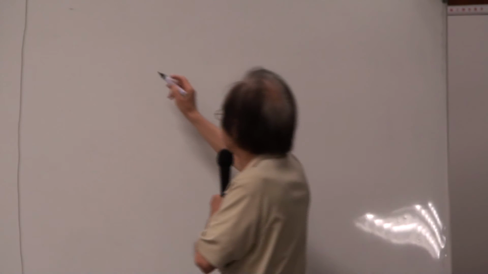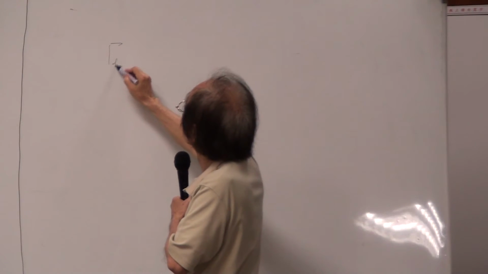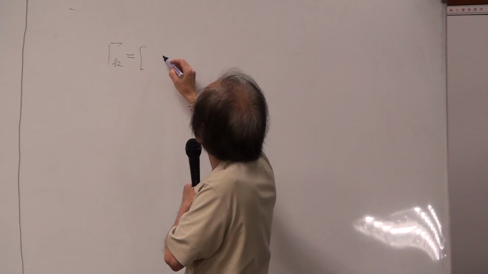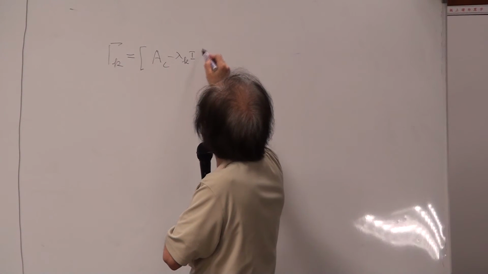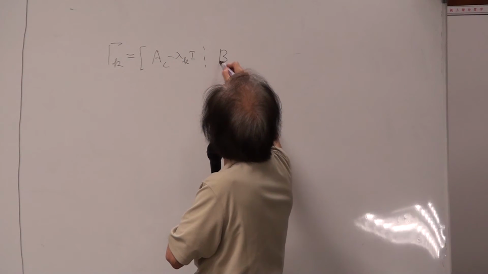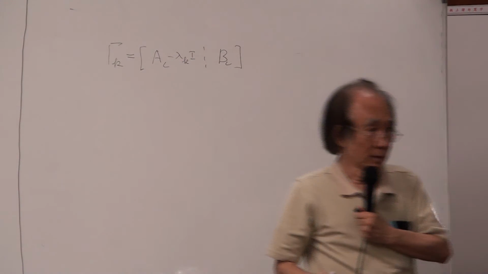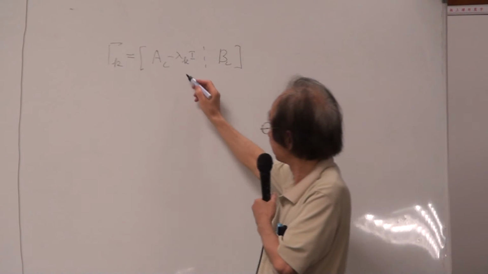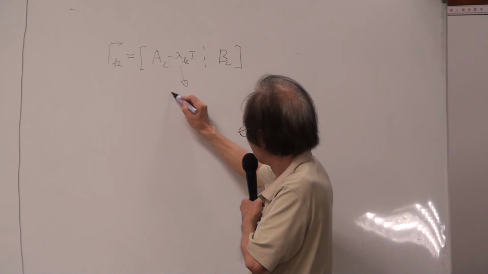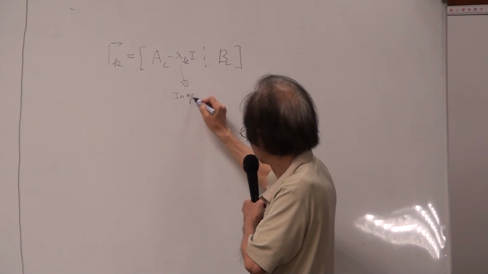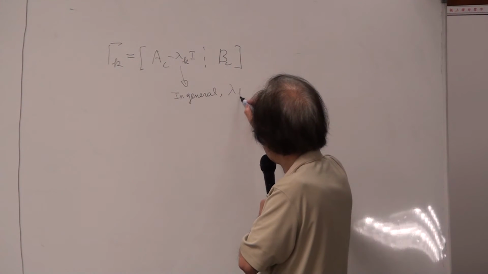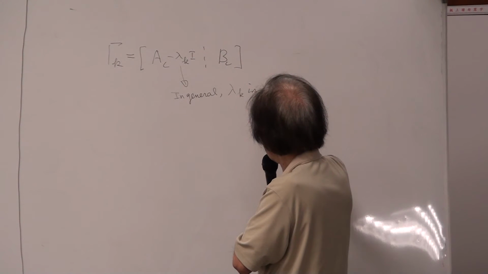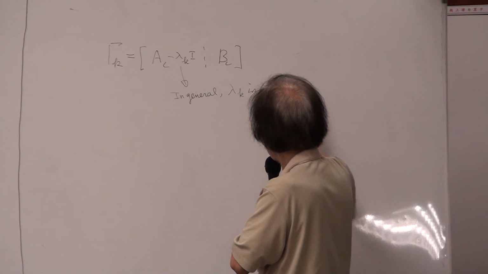Now, you know that the gamma k is AC minus lambda k I and BC, right? Well, be careful about this, because in general, the lambda k is a complex number.